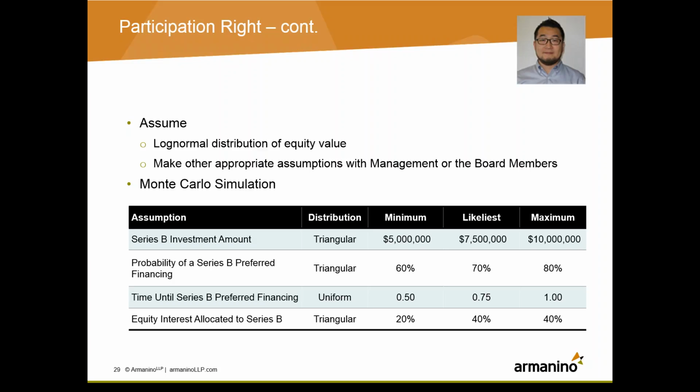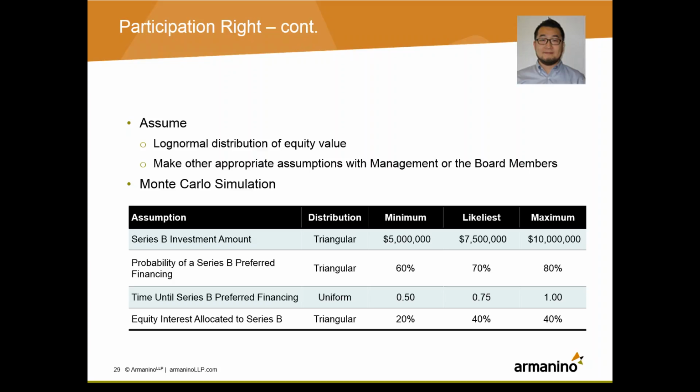So since it involves future financing, we're going to ask and discuss these events or parameters with the management. First, we're going to talk about what's the target Series B investment amount. And let's say XYZ plans to raise between 5 to 10 million, and it's going to be most likely about 7.5 million. Then we're going to say that the distribution looks like a triangle, and we're going to apply triangular distribution in our Monte Carlo simulation.